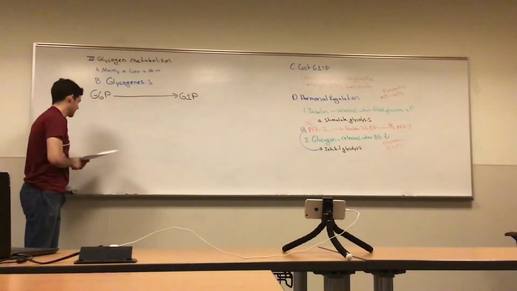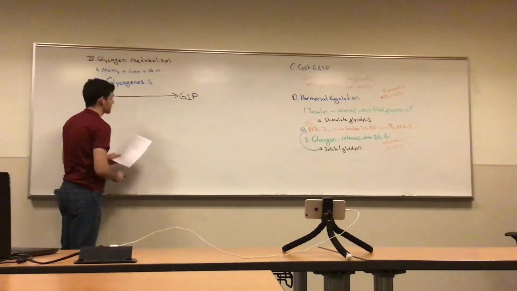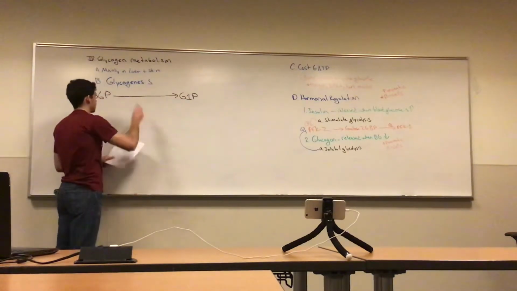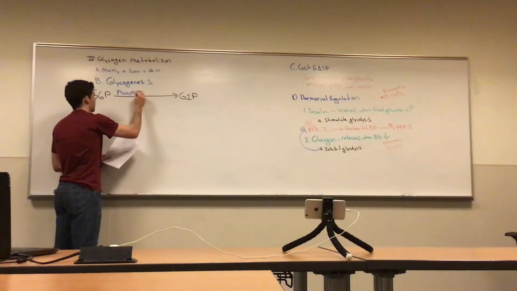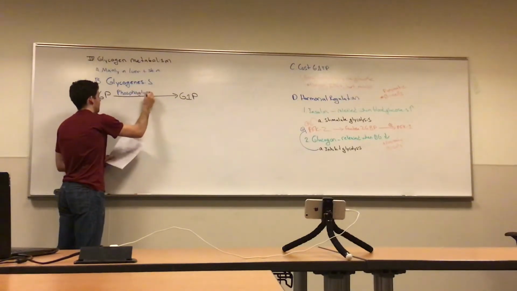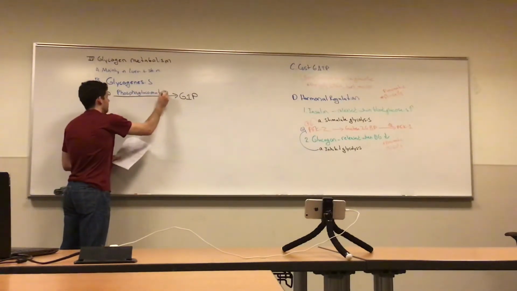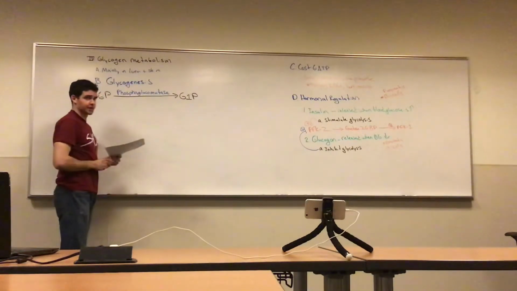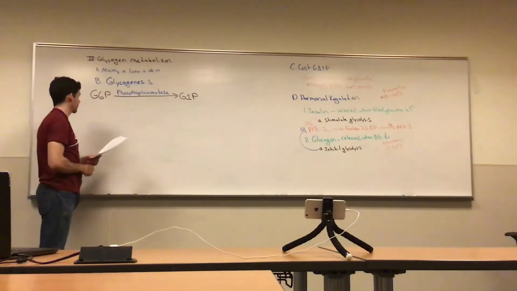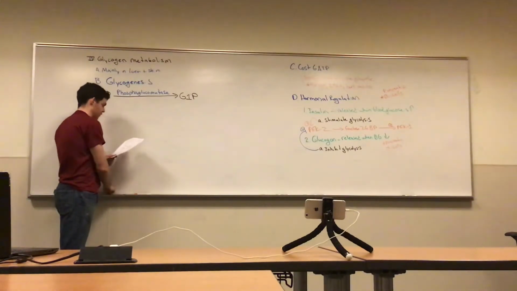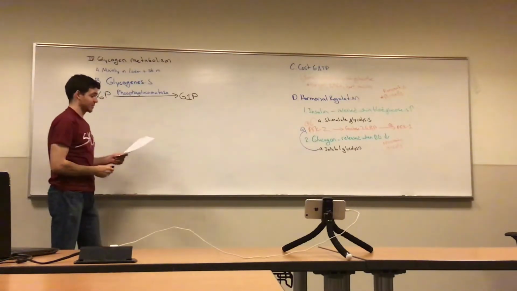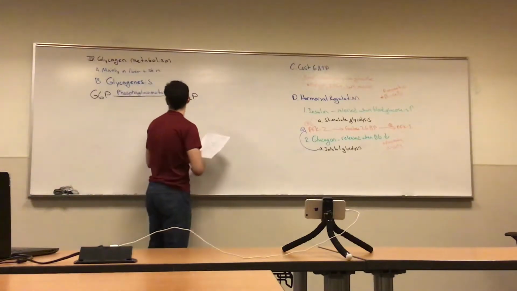And the enzyme that does that is phosphoglucomutase. So a mutase just moves that phosphate group from the 6 to the 1. And then we just add it to the glycogen via glycogen synthase.